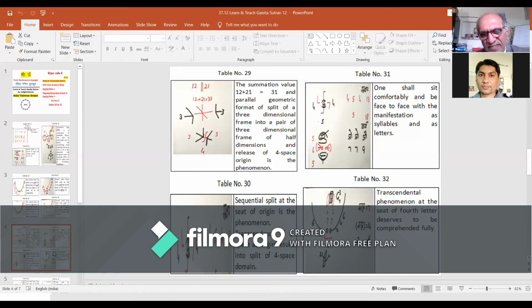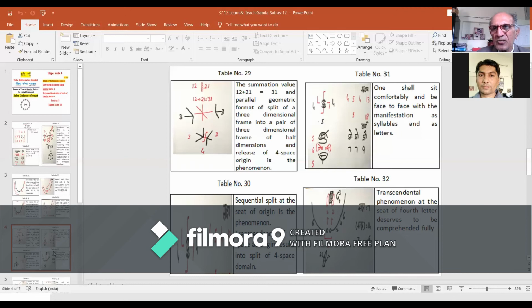It is this transcendental phenomenon which on its chase will bring us face to face with the mathematical domain of the fourth letter. Fourth letter as the structural key of the fourth sutra.